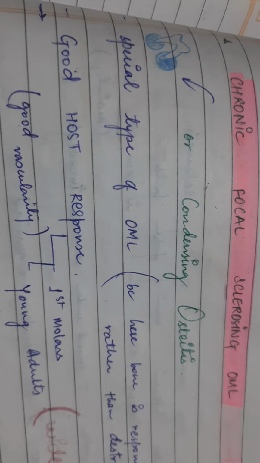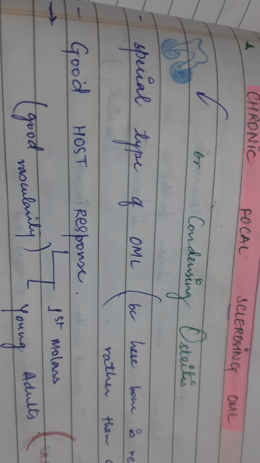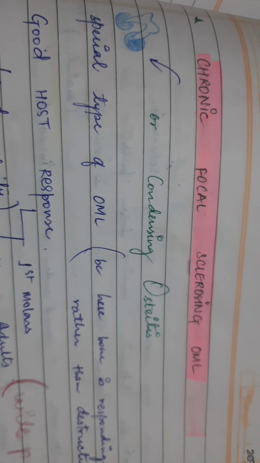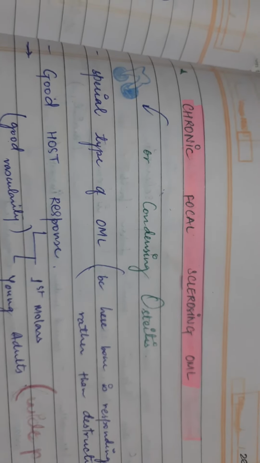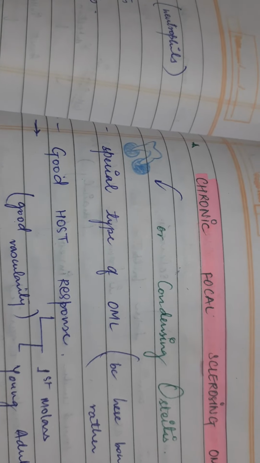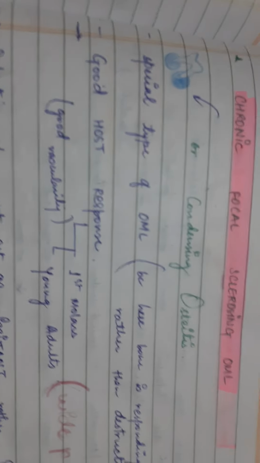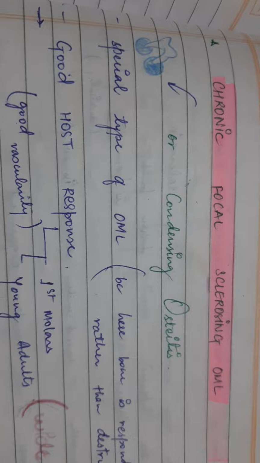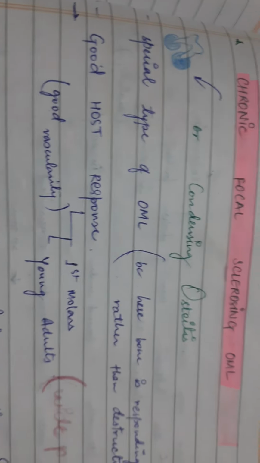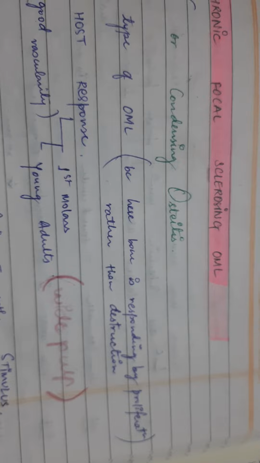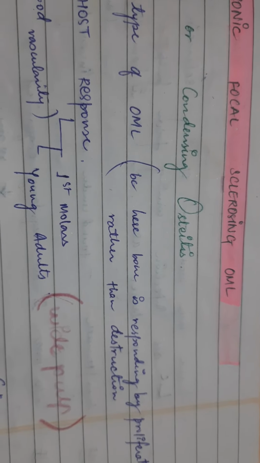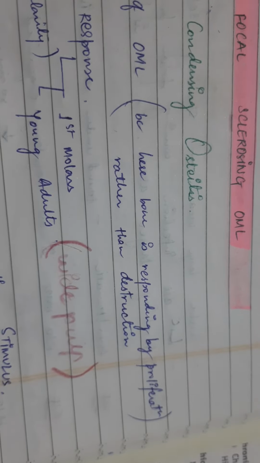It will look like this, and around the root tip it is a spherical type of osteomyelitis, because here bone is responding by proliferation rather than destruction.